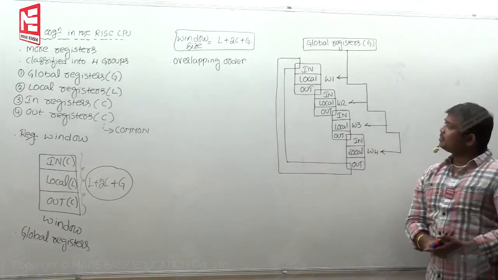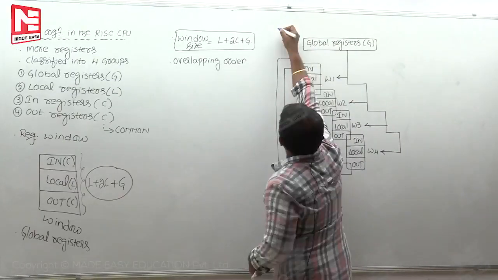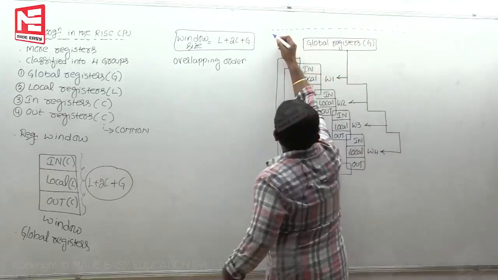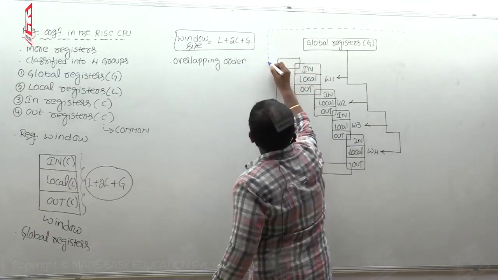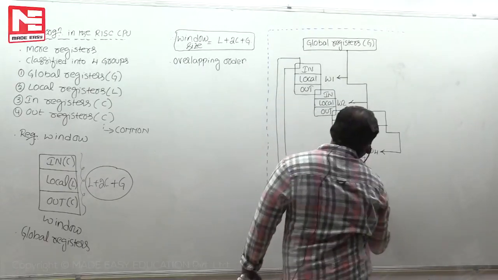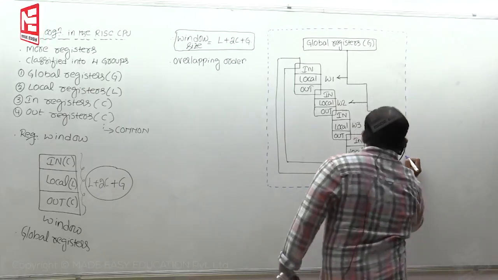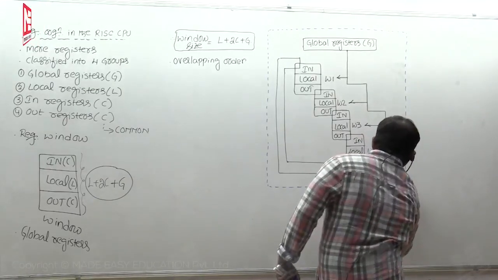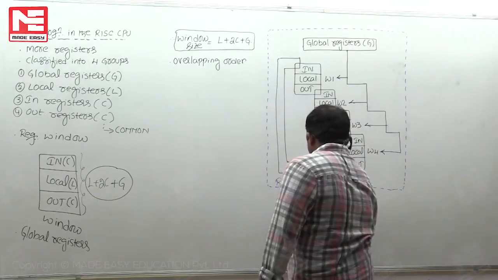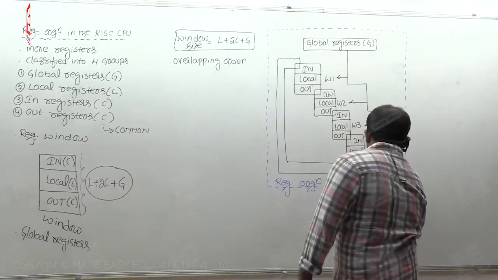Global registers are accessible by all the register windows. So this is called the register organization in the RISC CPU.